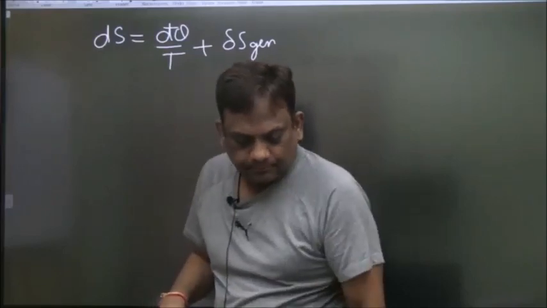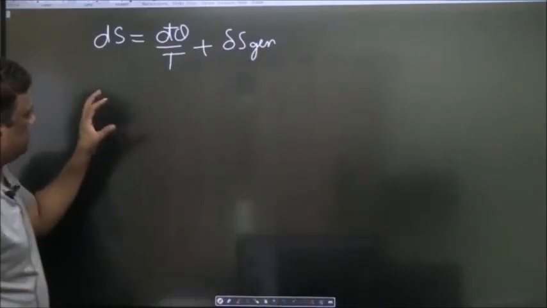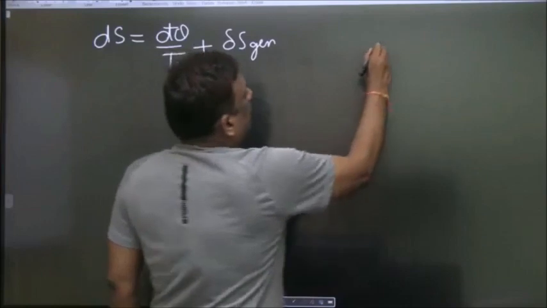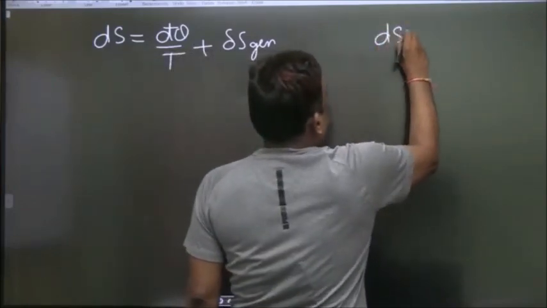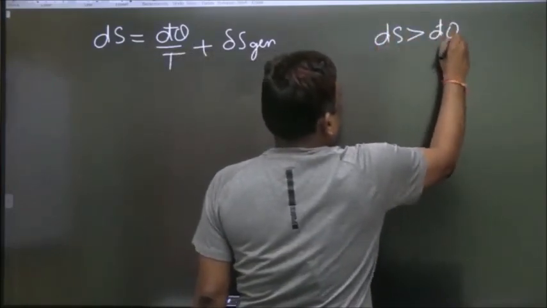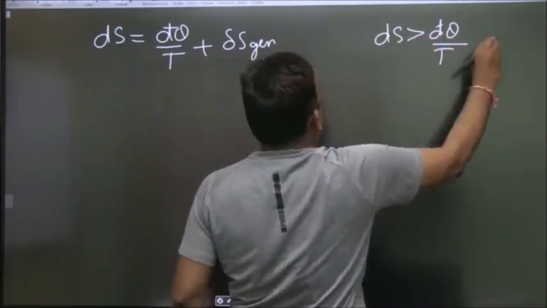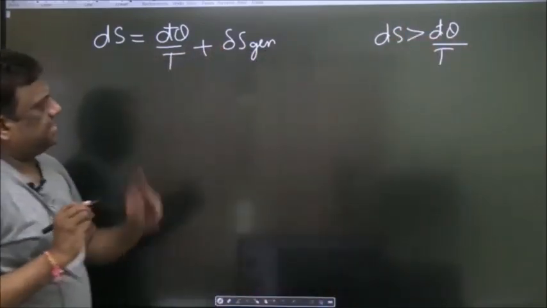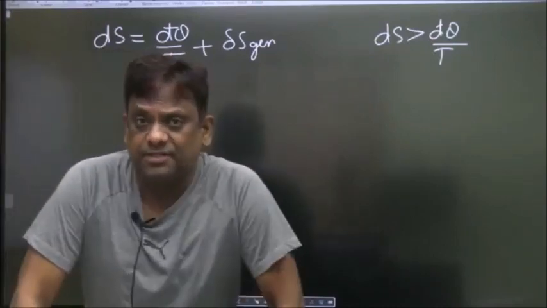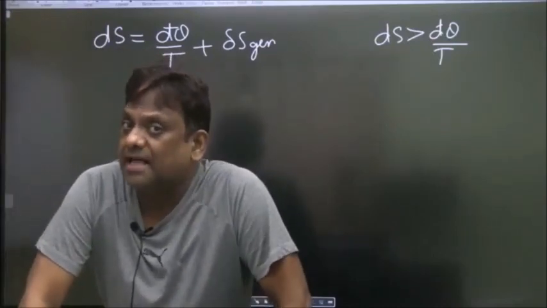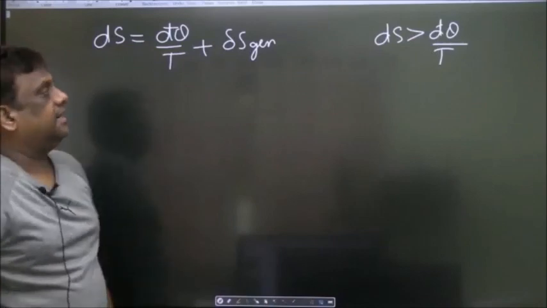Yes, sir. I gave this equation. Remember, we have an equation dS greater than d'Q by T. So I equated. As this is more, this is less, so I added something. And we call this entropy generation. And yesterday we saw entropy generation is not a property. It is a path function. It is an inexact differential.